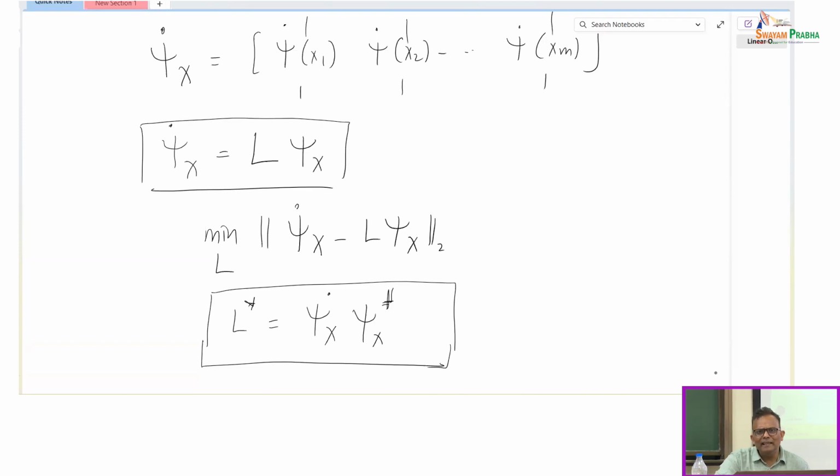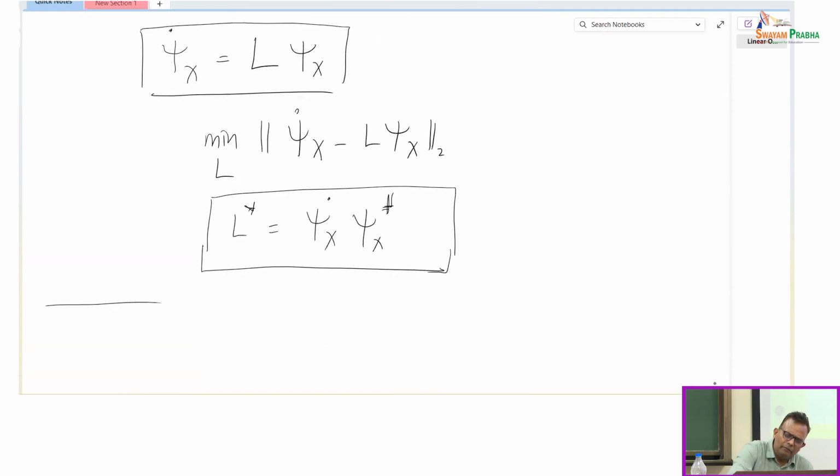This is under the assumption that the basis functions that you're using are orthogonal. If the basis functions are not orthogonal, then you have to sort of normalize the Koopman matrix to get the P matrix.